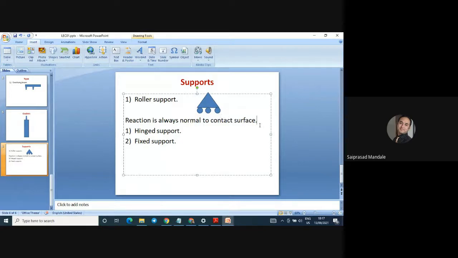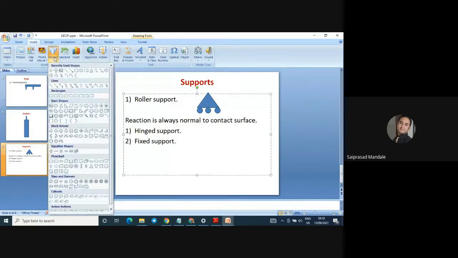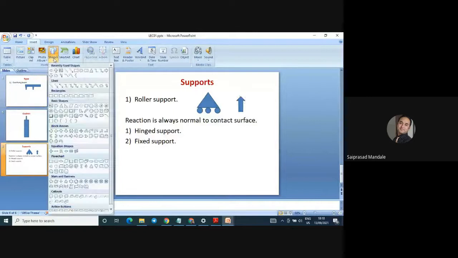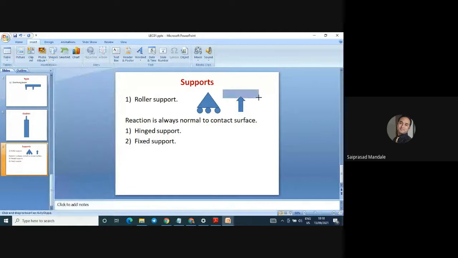This is a diagrammatic representation of the roller support. If I draw a beam over there, the meaning of both is the same.